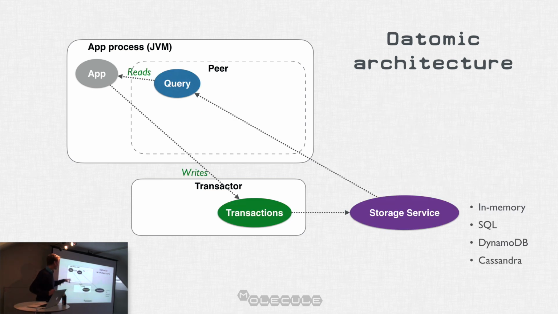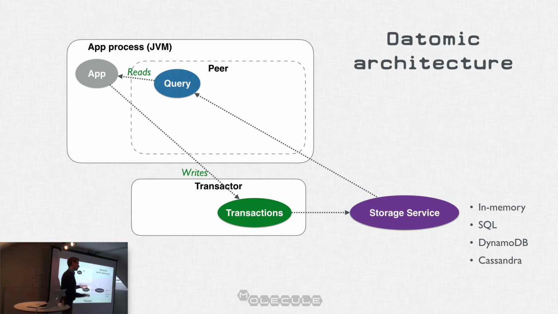So there's a flow when you commit stuff to Datomic, it goes down to the transactor, and that transactor sends the transaction to a storage service, which could be a Dynamo database, Cassandra, SQL, or maybe an in-memory database if you're just testing or something.